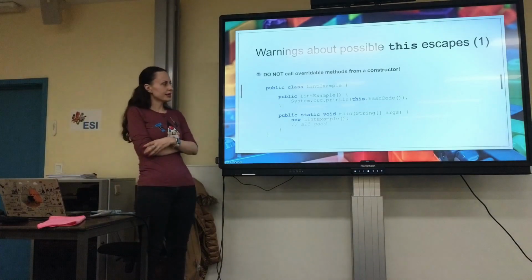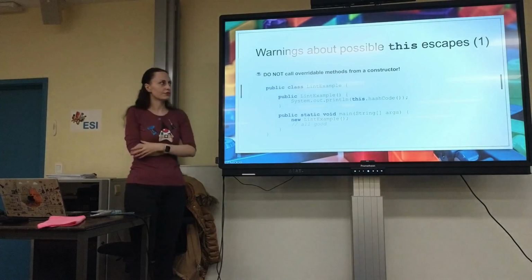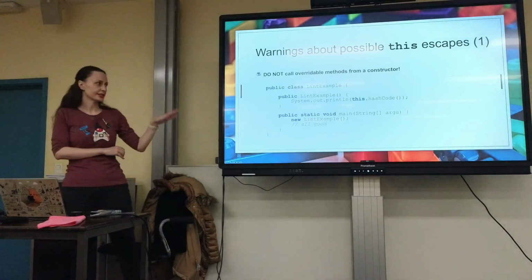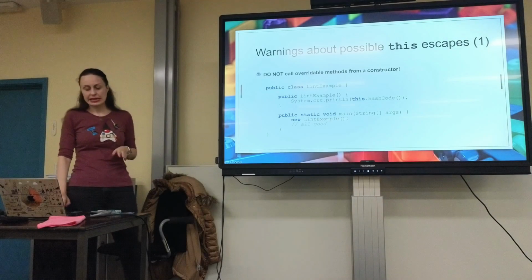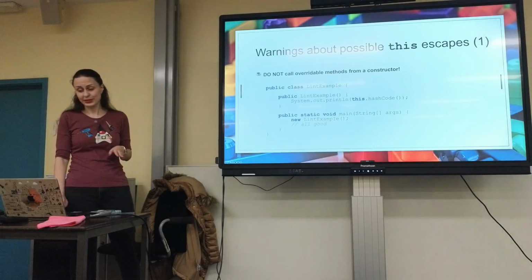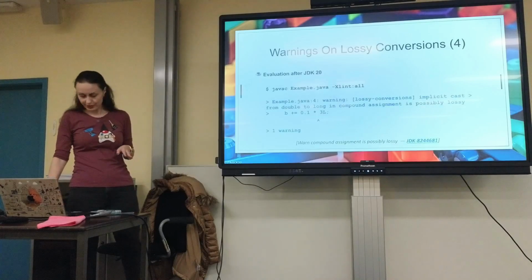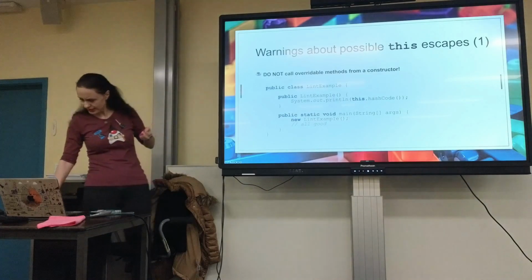Some of you are going to say, like, okay, but this is not a good practice. Indeed, this is not a good practice. You shouldn't call overridable methods from a constructor. Nobody does this, right? Right? Right?